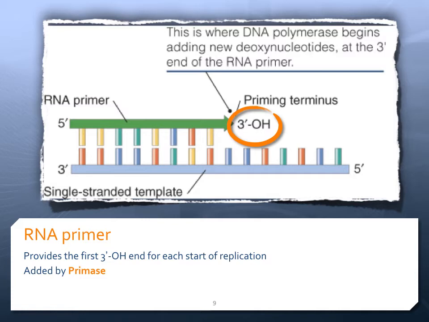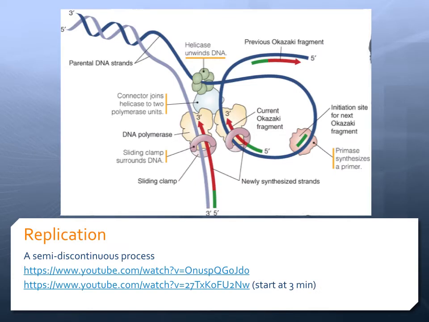So it will provide the second requirement, and now the DNA polymerase will have both the template, which was the first requirement, and the 3' OH end, the second requirement, on which it will be able to add new nucleotides. So the DNA polymerization will always start with a little RNA primer that will provide the 3' OH end. So now that everything is in place, the replication process can start and go on.